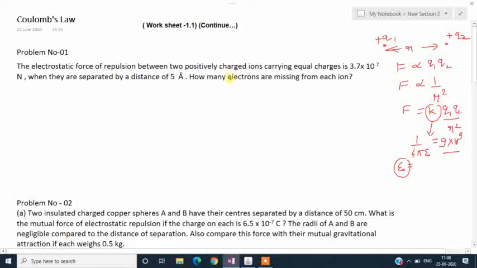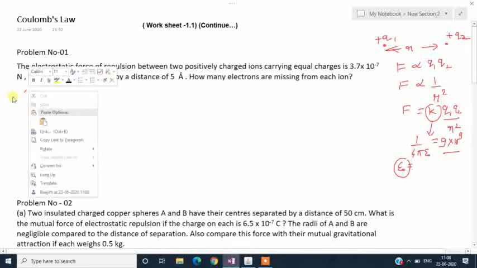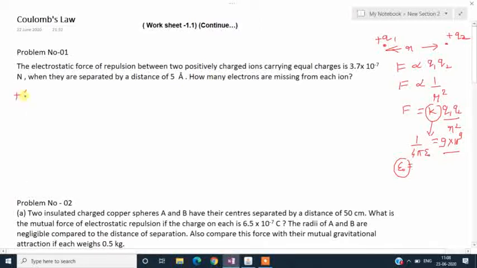How many electrons are missing from each ion? Suppose the question is given like this: two positive charges, plus Q1 and plus Q2, are placed separated by a distance of 5 angstrom, that is, r is equal to 5 angstrom.